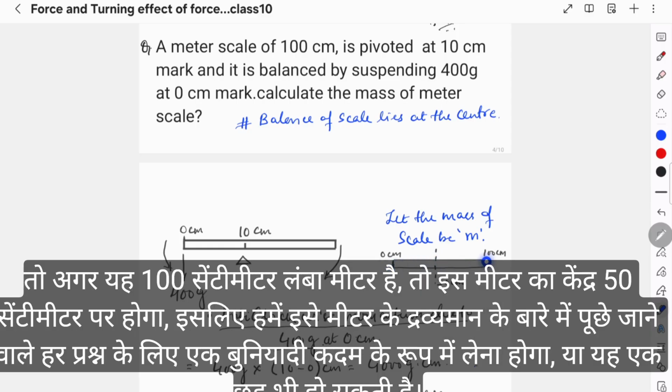If it is a 100 centimeter long meter, then the center of this meter will be at 50 centimeter. So we have to take this as a basic step for every question which is asking about the mass of the meter, or it can be a rod also.